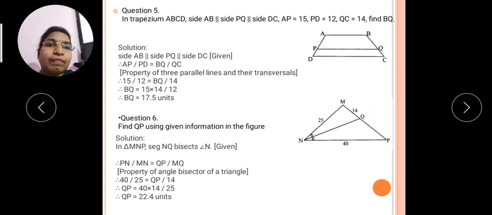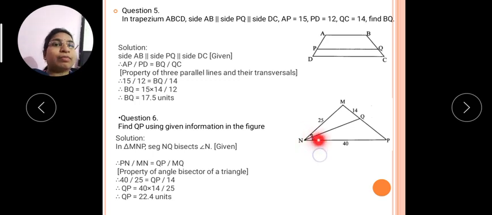Now students, find QP using the given information in the figure. In triangle PNM, NQ is an angle bisector, because it is mentioned in the symbols that these two angles are equal.